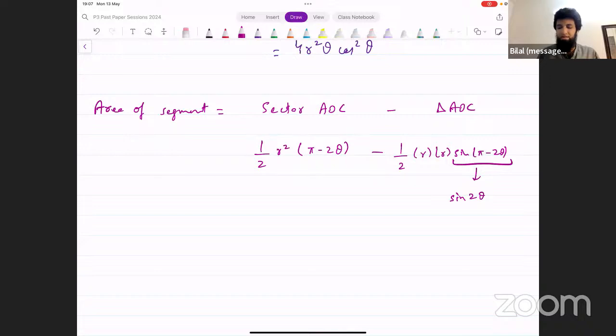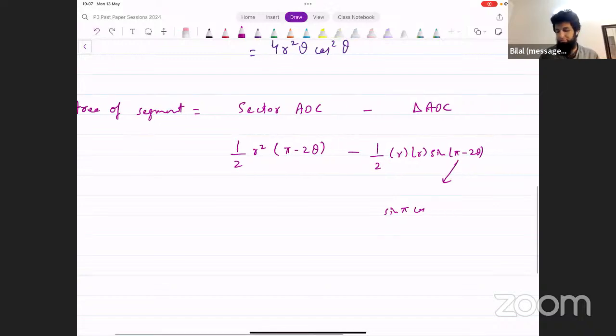Okay, if you don't understand that, one way to do that is apply compound angle identity on this. Sine of A minus B, what's that? That's going to be sine A into cos B minus cos A into sine B. Sorry, I have done something wrong here.